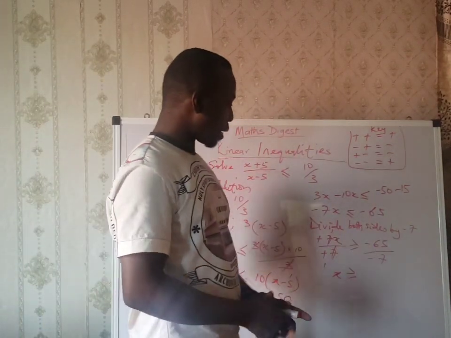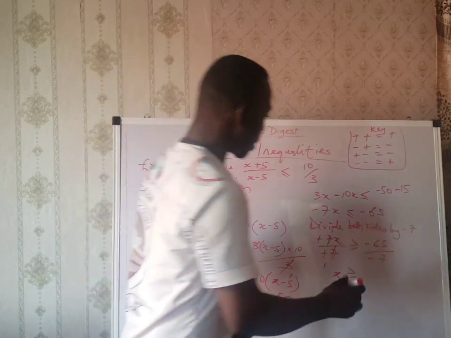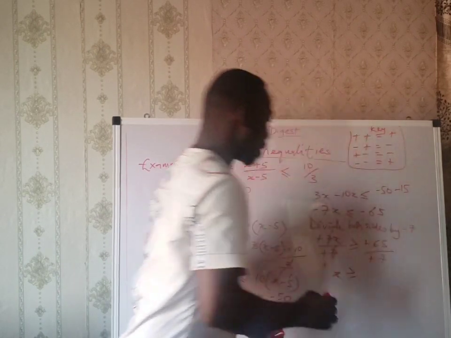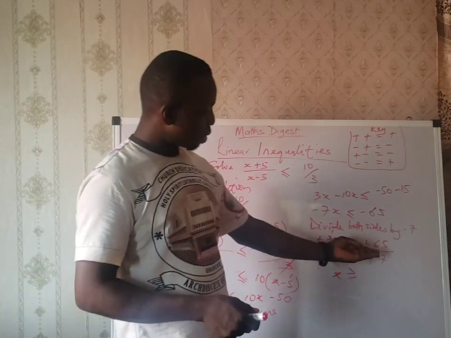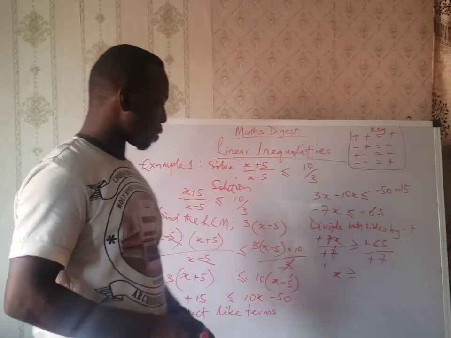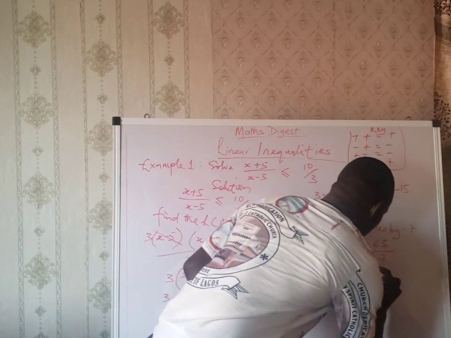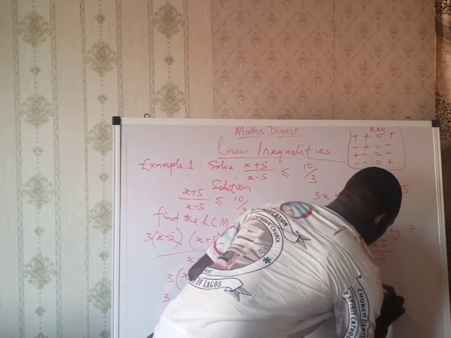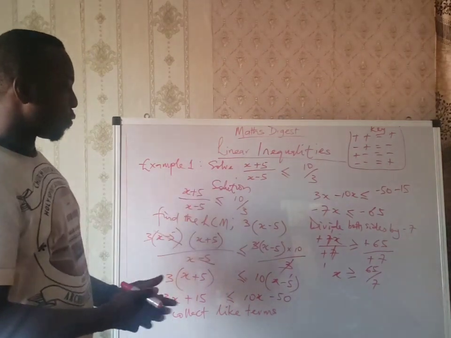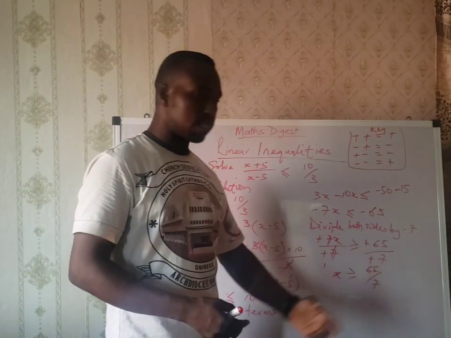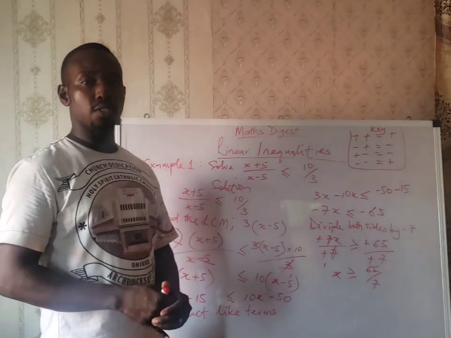Coming to this side now, negative sign cancels negative sign. We are left with 65 over 7. Now, if we look at this, this is an improper fraction.